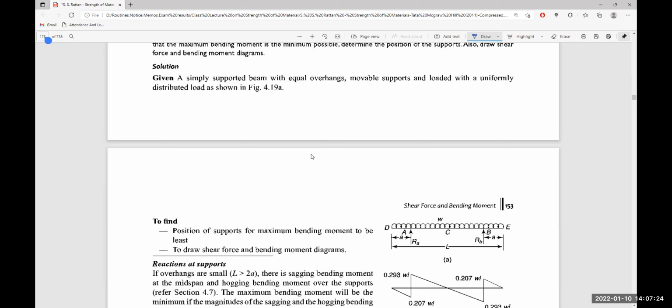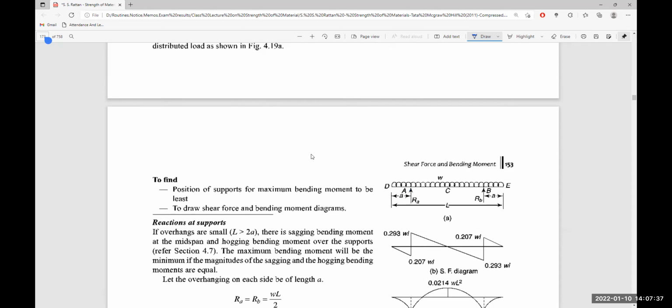It is loaded from left to right by a uniformly distributed load of intensity w, and it is supported at A and B with reactions RA and RB. We have to find the position where the maximum bending moment is least, and we are supposed to draw the shear force and bending moment diagrams.